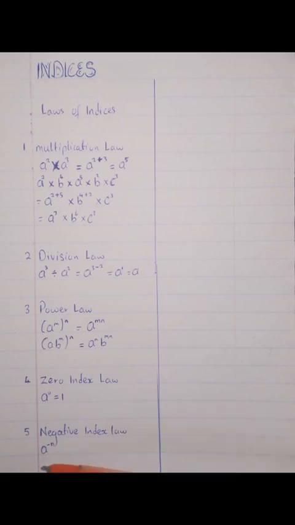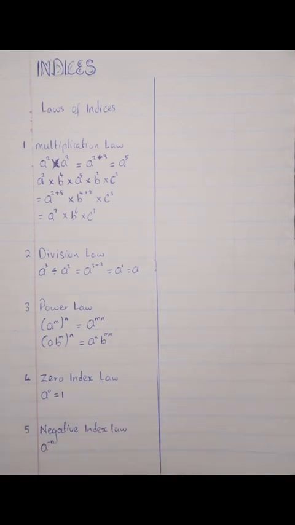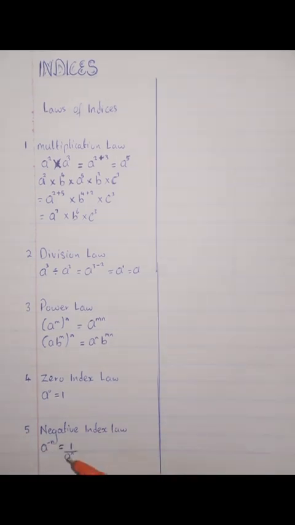But the fact that there is a negative sign will introduce the 1 over, then you can take a to the power of n. So a to the power of negative n means 1 over a raised to the power of n.